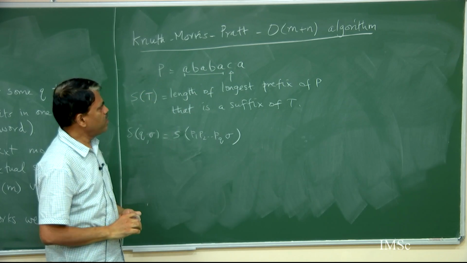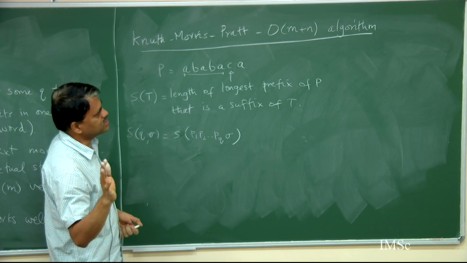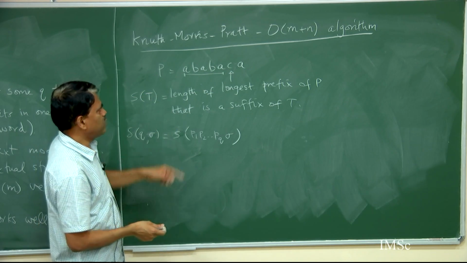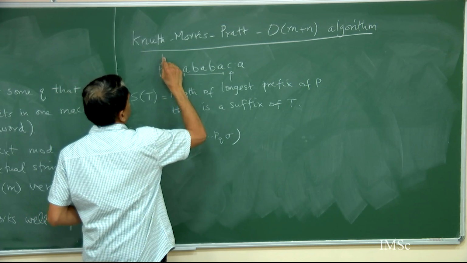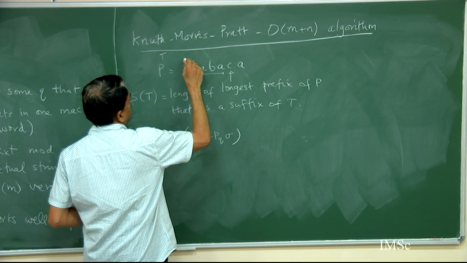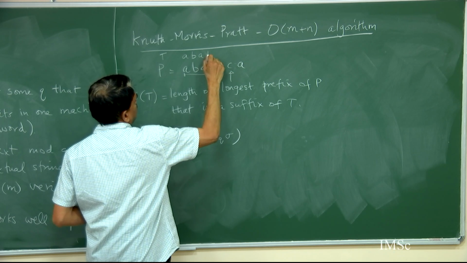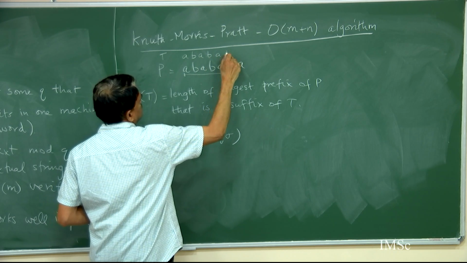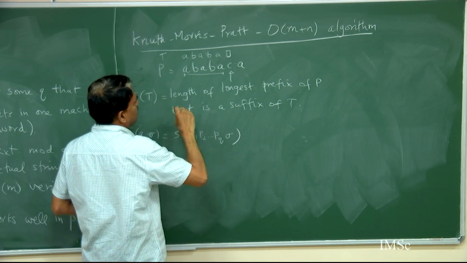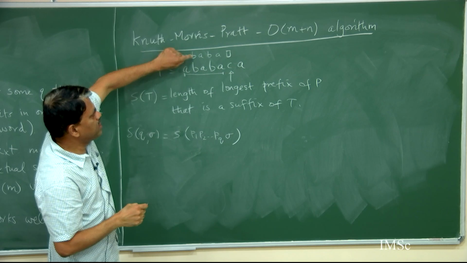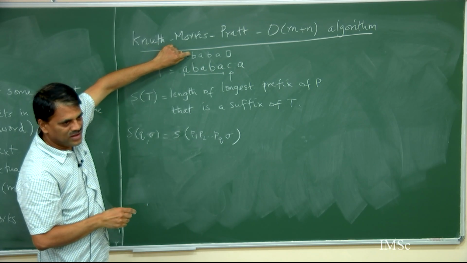Now the naive algorithm says start all over again, right. Then I have my text here. So, if I matched, that means I matched A, B, A, B, A and something here. The naive algorithm will say start matching from here now.